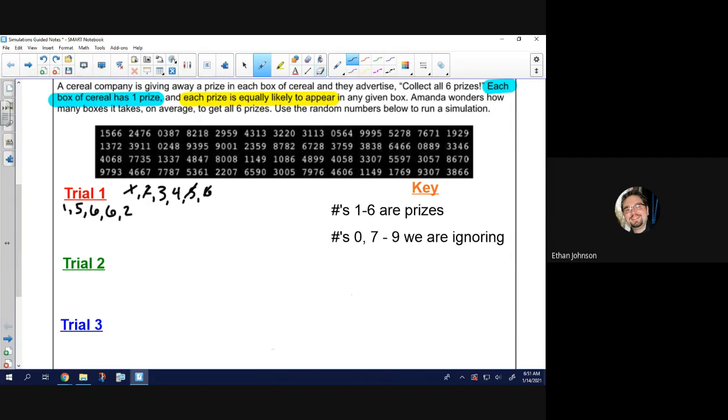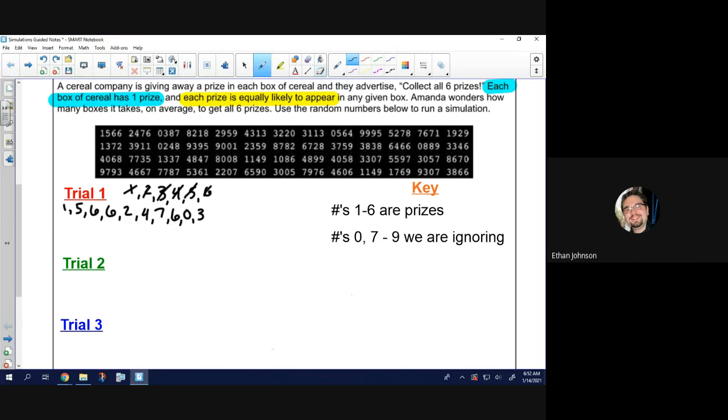That was a prize. A 4. That was a prize. A 7, which we are going to ignore. A 6, which was a prize that we already had. A 0, which we're going to ignore. And a 3, which is the last prize that we needed.